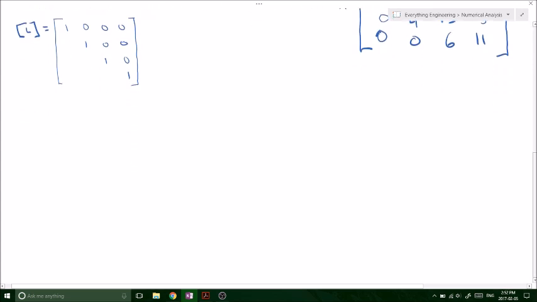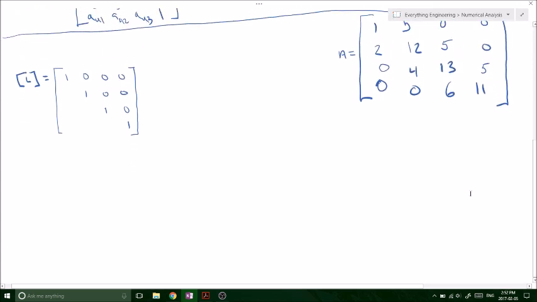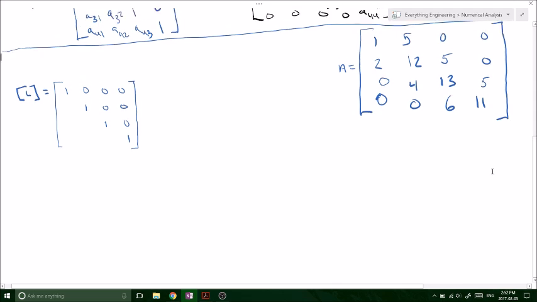First things first, you want to look at your given matrix A and reduce it using row operations to the form of an upper triangular matrix. That's how we solve the upper triangular matrix. And I'll show you how to solve for each component of the lower triangular matrix. You can do them together.